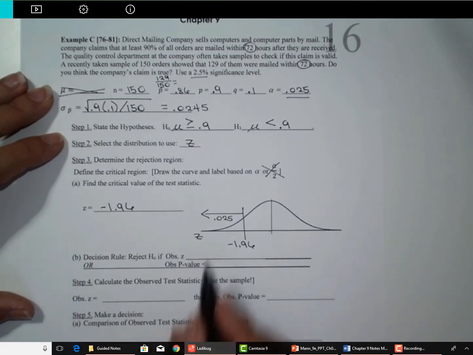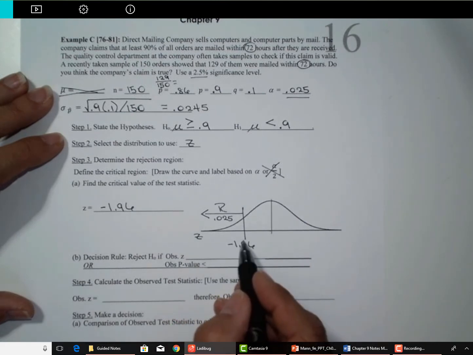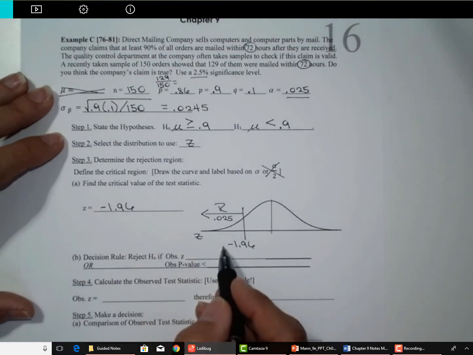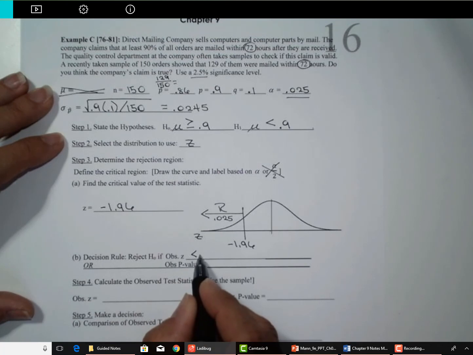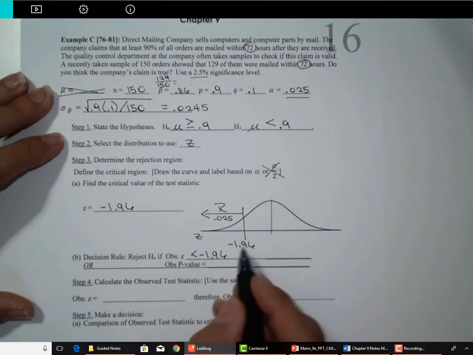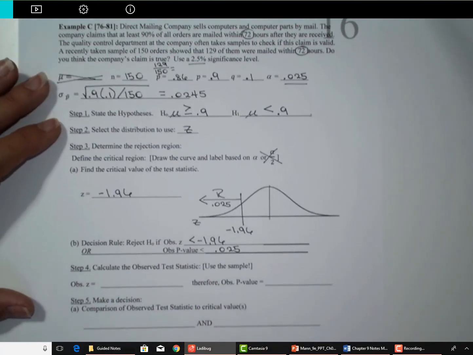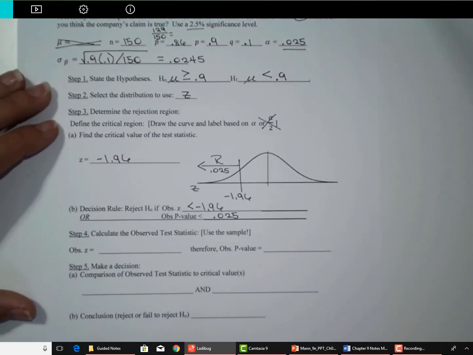Now, what's my rejection rule going to be? Well, I'm going to reject the null hypothesis if I observe a Z value that is less than negative 1.96. Or my p-value could be less than the alpha 0.025. Either one of those would work because basically they mean the same thing.